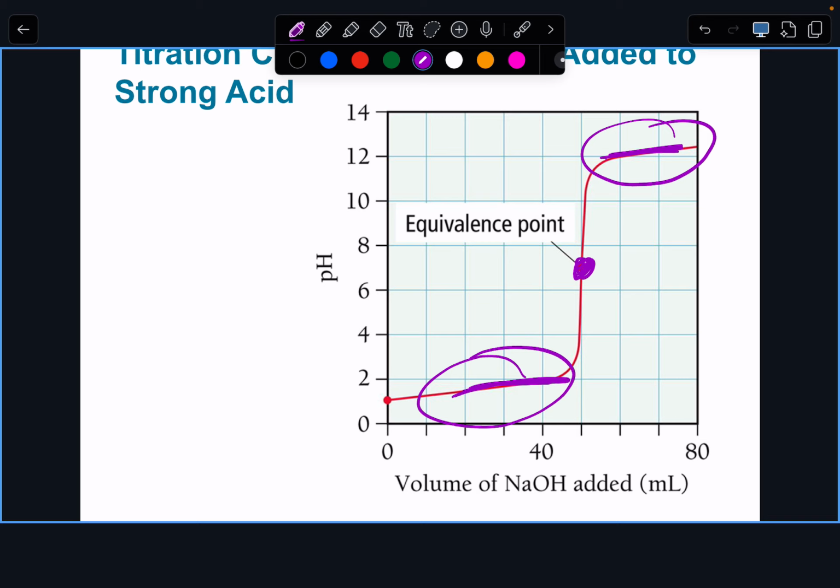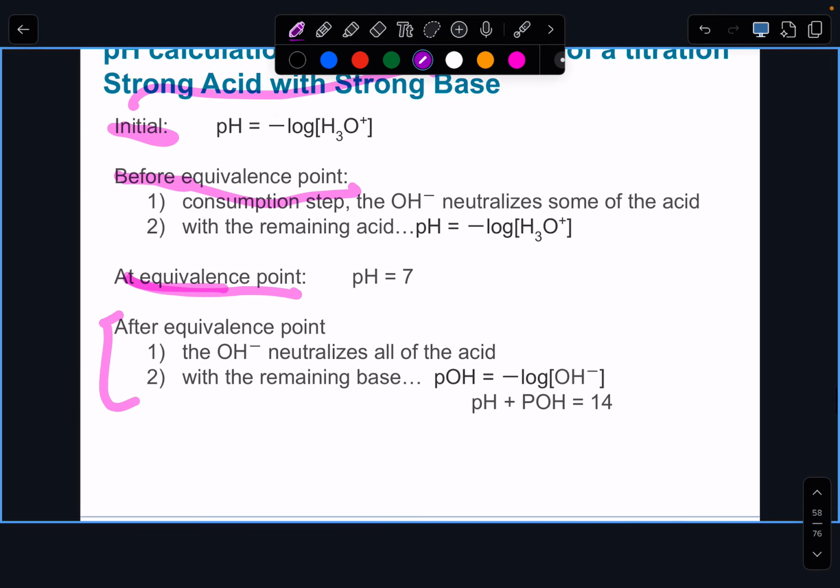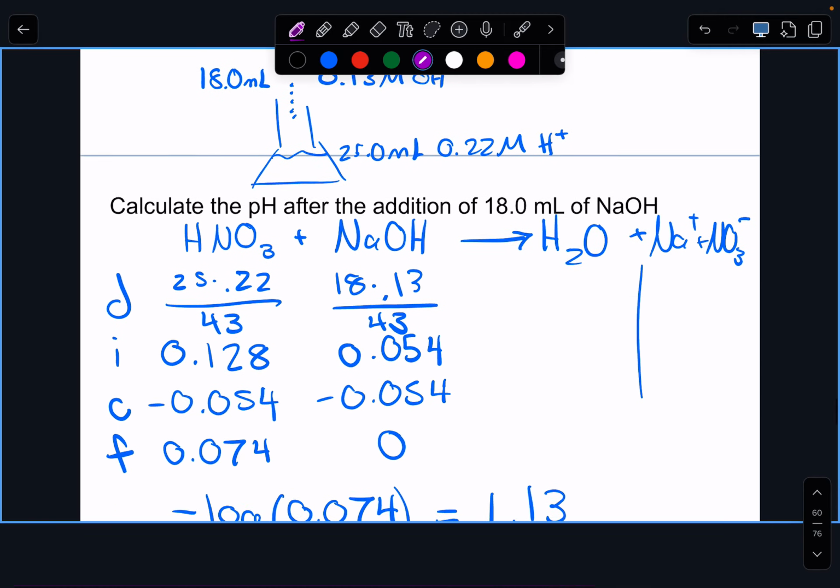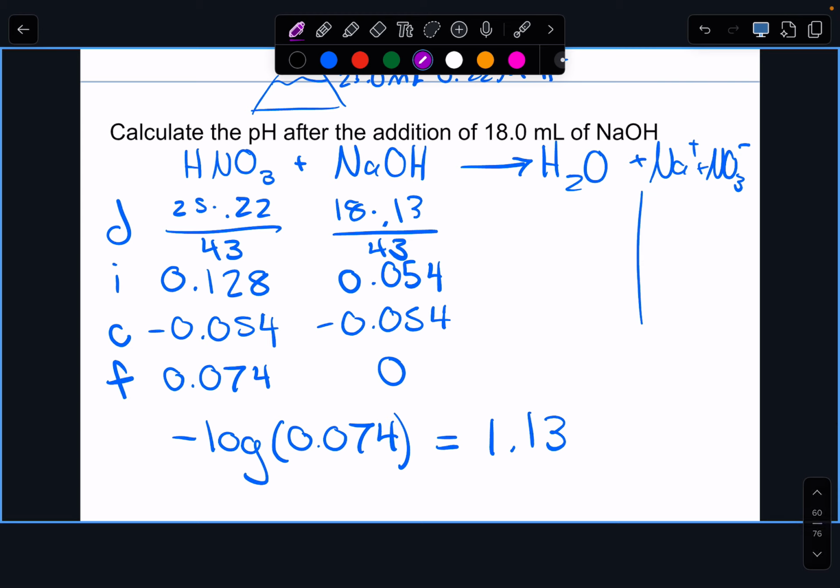If you looked at a list of how you handle calculations before the equivalence point and how you handle them after, it would talk about them like they're very different things, and there are little minor differences. But as far as our sheet goes, you approach them the same. You're mixing two chemicals. You do a dilution. You do a consumption. Like on this one on Monday, we did a dilution and a consumption.